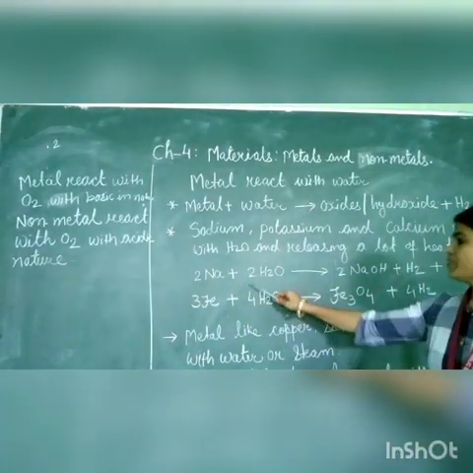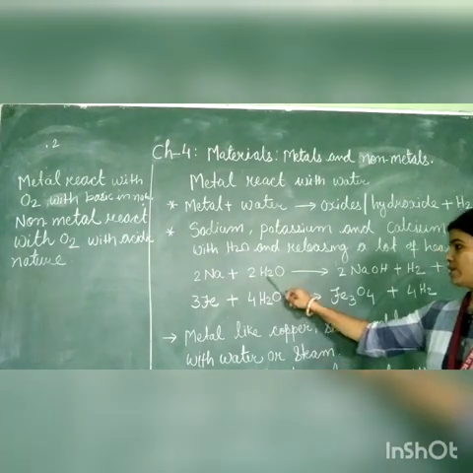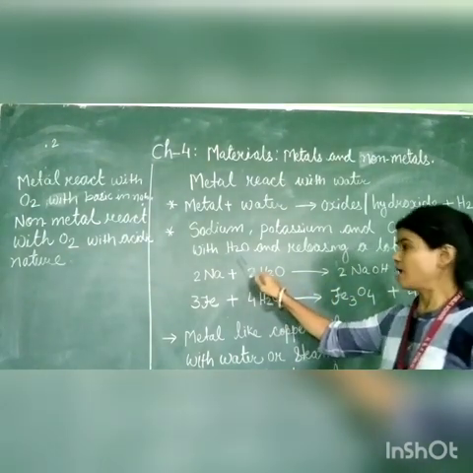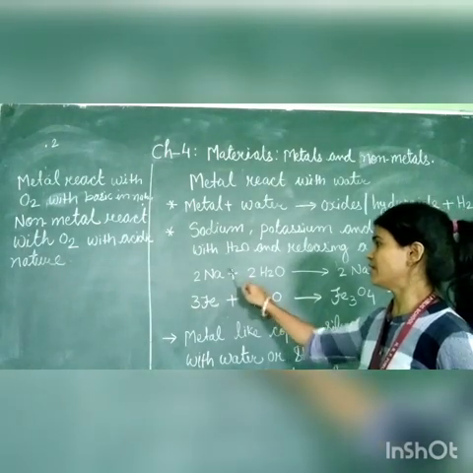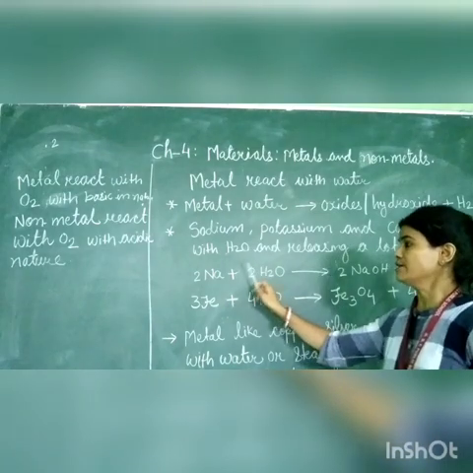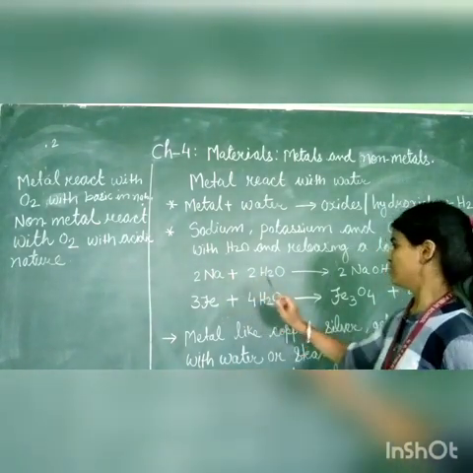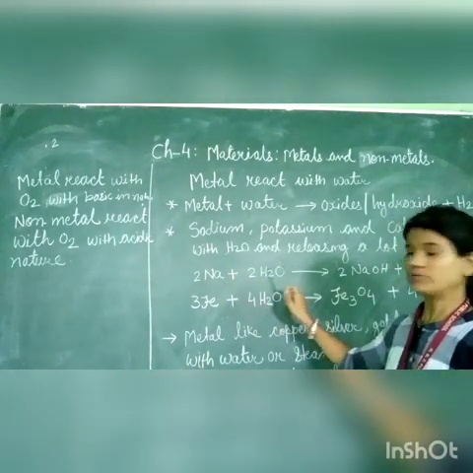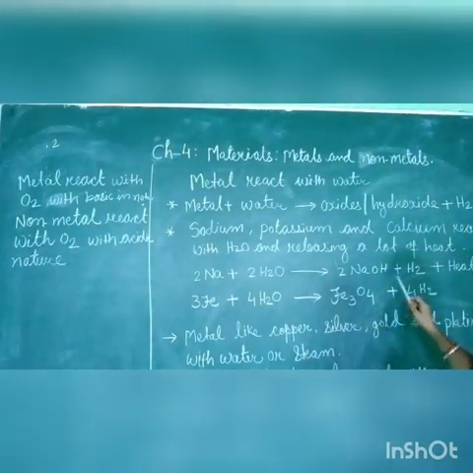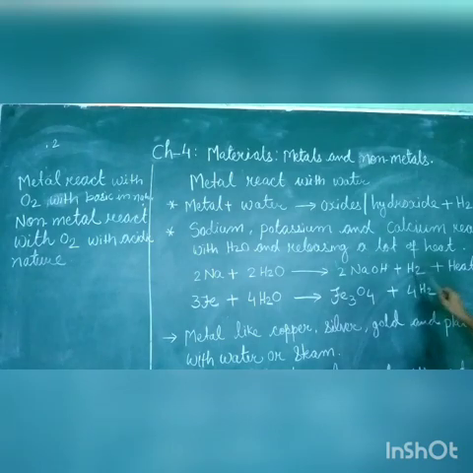You will see here that when sodium reacts with water, there is no supporting heat. I have not written any Bunsen burner or any extra heat. At room temperature, sodium reacts with water and releases sodium hydroxide, then hydrogen gas, and releases heat also.